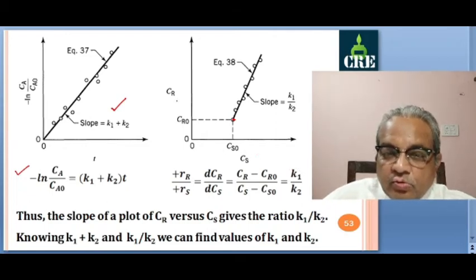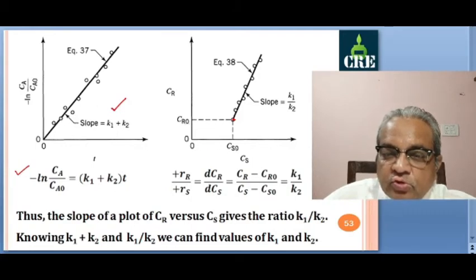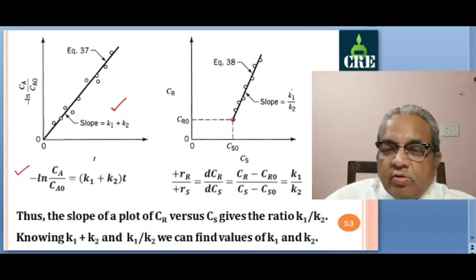So you will plot CR on this axis, CS on the x axis, and you will be knowing the initial values of CR0 and CS0. If CR0 and CS0 are 0, then it will start from the origin and you will get a straight line of slope K1 by K2.